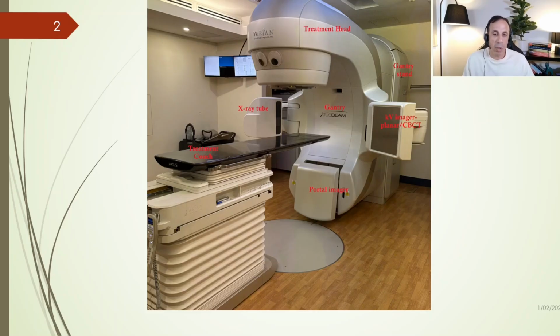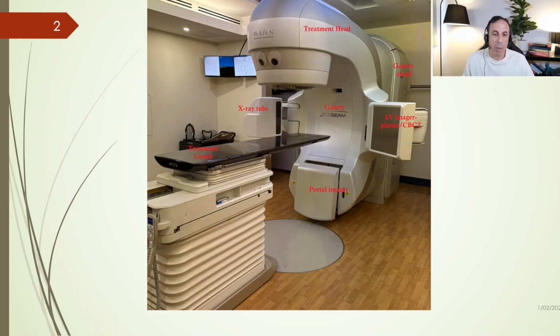Also, Linacs are equipped with an on-board kilovoltage imaging system. As I have shown on the figure, you can see the X-ray source and KV imager panel. A KV X-ray source and a flat panel detector are mounted perpendicular to the treatment beam. It can be seen clearly.